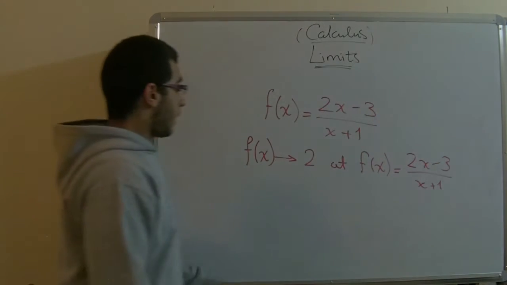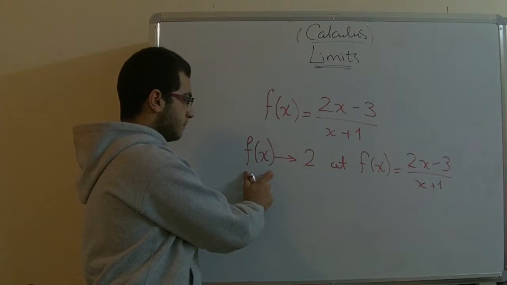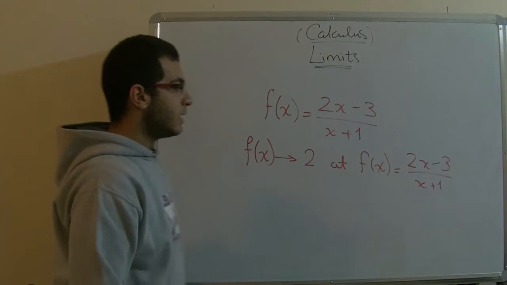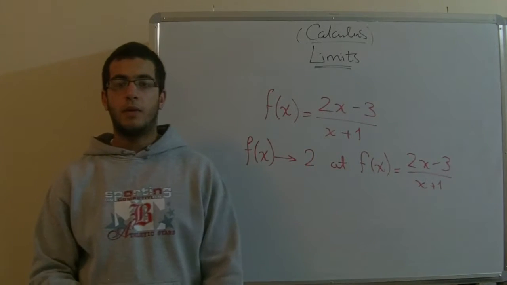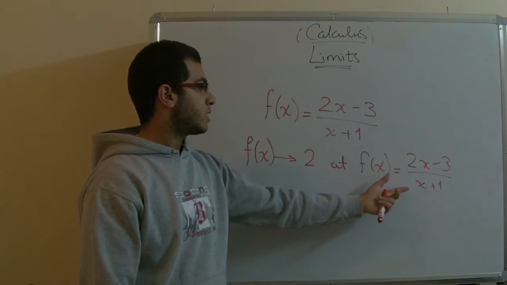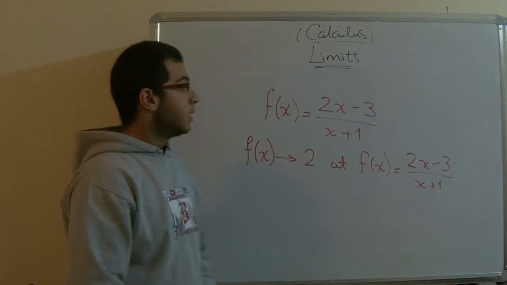Alright, then how would f(x) approach the value 2? We said that when we increase the value we substitute for x in the equation of f(x), the value of f(x) approaches 2.